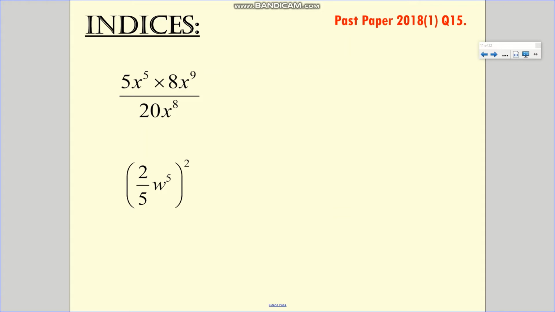The next type of question that we're going to look at is index calculations. There are a few different rules of indices that you need to remember.